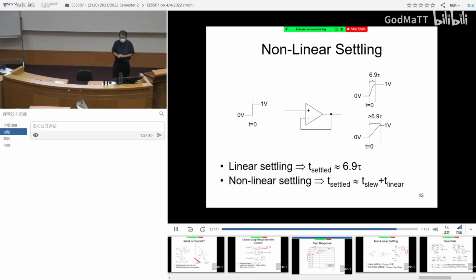Now, nonlinear settling. Nonlinear settling goes like this. If this whole thing is a linear system, the settling behavior is well predicted using 6.9 tau. This 6.9 tau is based on the exponential settling behavior, the RC time constant, so that is well known. But let's say you want it to settle in the exponential manner, but the OTA limits the current.